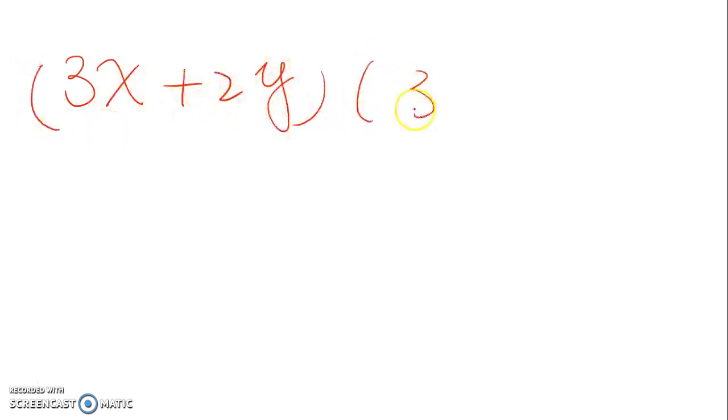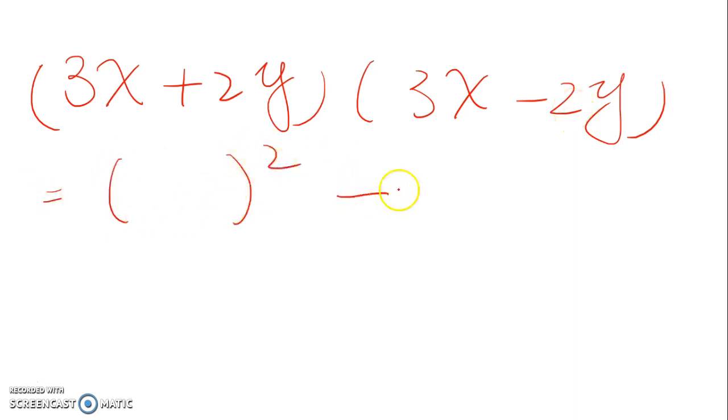Now the one last example of this video, let's do (3x plus 2y) times (3x minus 2y). So the hint is when you see two identical terms, one plus the other, one minus the other in both brackets, we know we end up with something squared take away something squared. So the first something will be the first term, 3x.